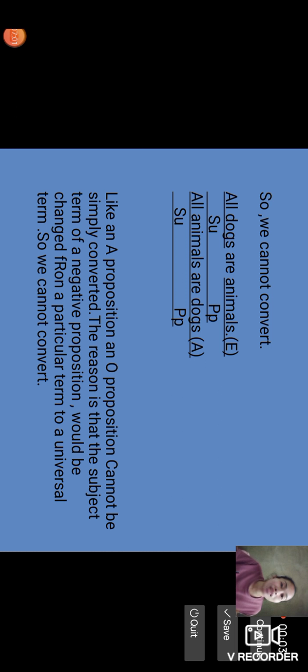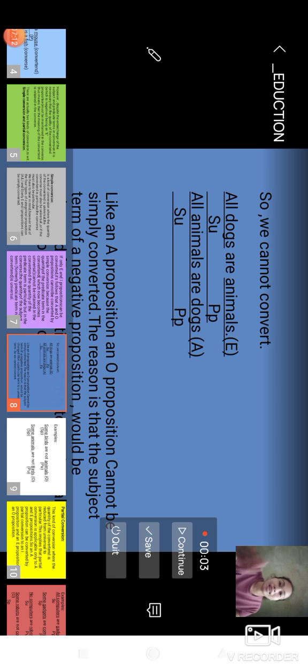The reason is that the term would be changed from a particular term to a universal term, so we cannot convert. Look at the example: "All dogs are animals." The subject is dogs and the predicate is animals. If we convert it, "All animals are dogs," that is not possible. So it cannot be simply converted, because the converse would not hold true.